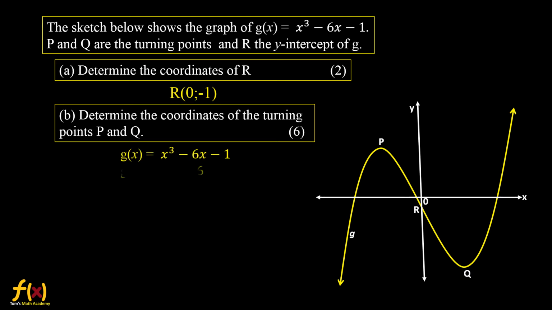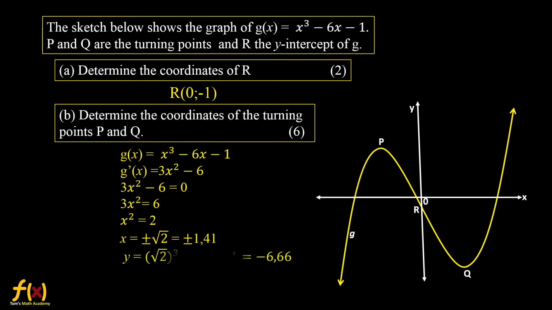So g dash x equals 0, we substitute and solve for x. x is equal to plus or minus root 2, or plus or minus 1,41. Now calculate the y coordinates. Substitute positive root 2, we get minus 6,66. Substitute negative root 2, we get 4,66.